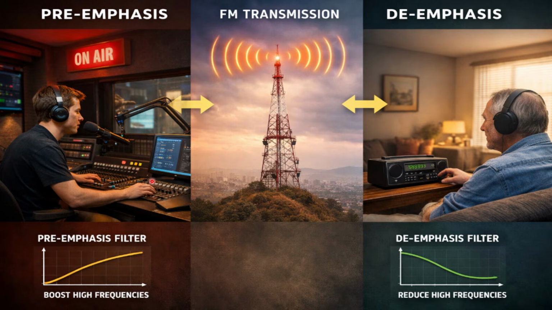In the transmitting station, a person is telling something and you are going to listen. If you are a listener, then you are using a radio, so here is your receiver. On the receiver side we use the de-emphasis circuit along with the demodulator. The de-emphasis circuit will reduce the high frequencies.